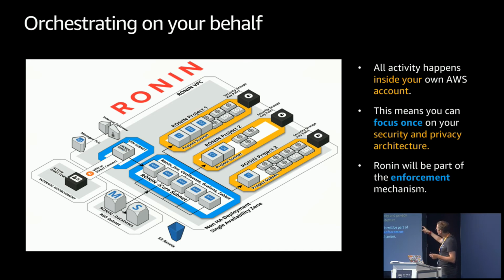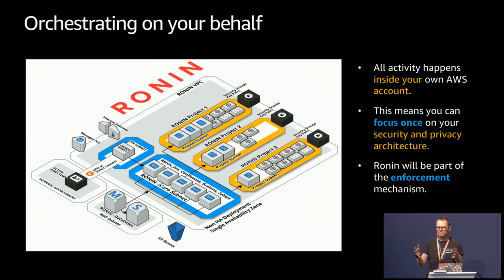So what Ronin does is it's orchestrating stuff inside your own AWS account. You can get your favorite solution architect to come and help you do a VPC engineering workshop where you design your networking infrastructure inside AWS to be super, super secure with firewalls and all of the rest of the stuff that you need to protect it.